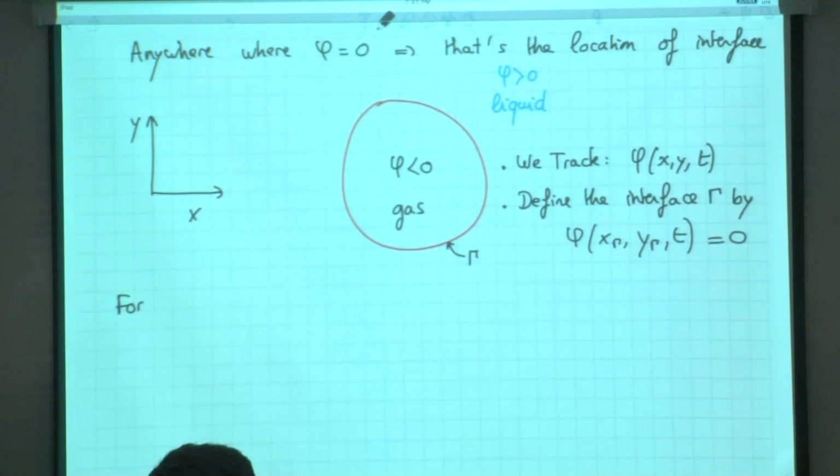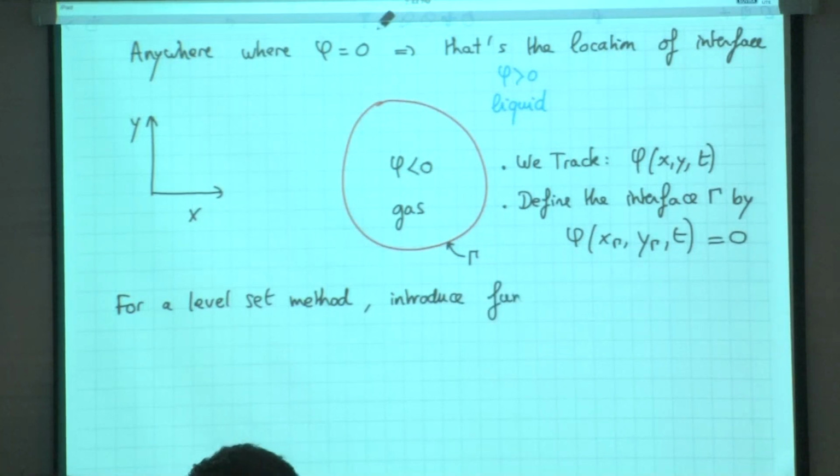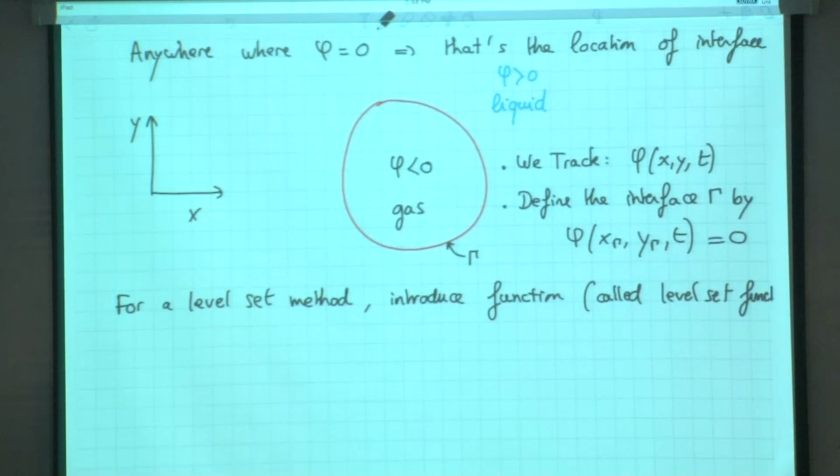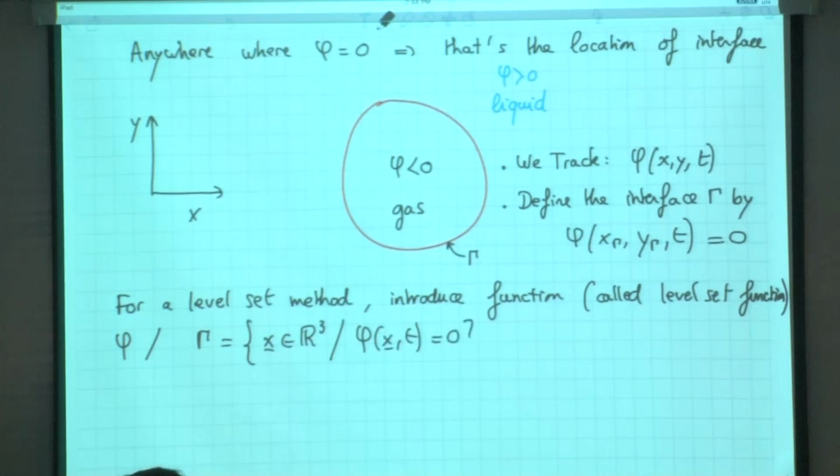So for a level set method, we introduce a function that, by the way, we call a level set function, phi, such that gamma is equal to the ensemble of points in our general space such that phi at that location and at that time is equal to 0.